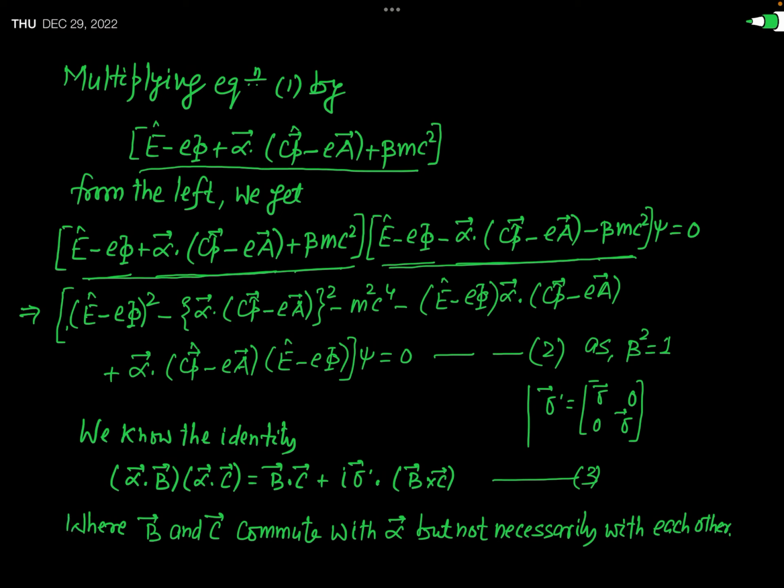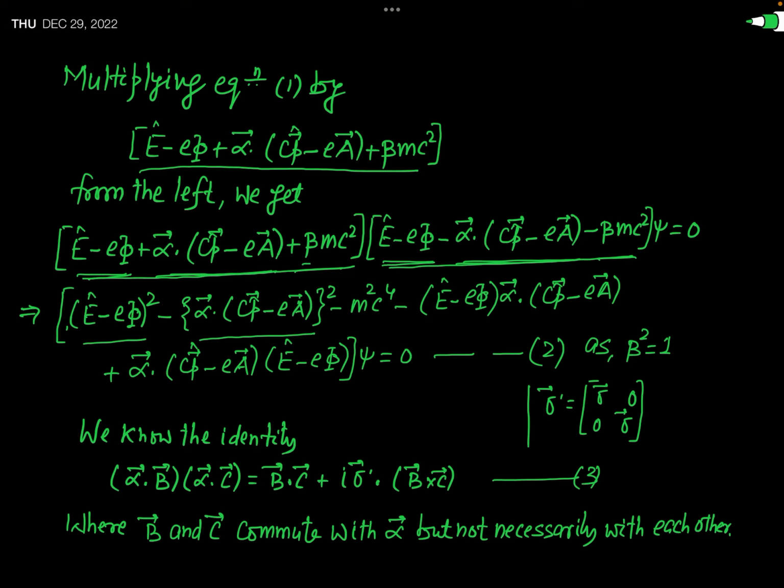You can see when E minus Eφ is operated on E minus Eφ, that will be (E minus Eφ) square. And when alpha dot (Cp minus Ea) is operated on minus alpha dot (Cp minus Ea), that will be minus [alpha dot (Cp minus Ea)] square.